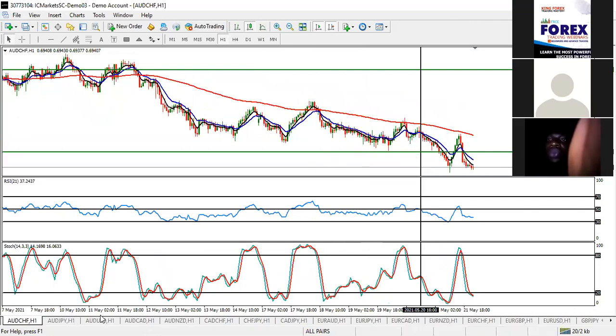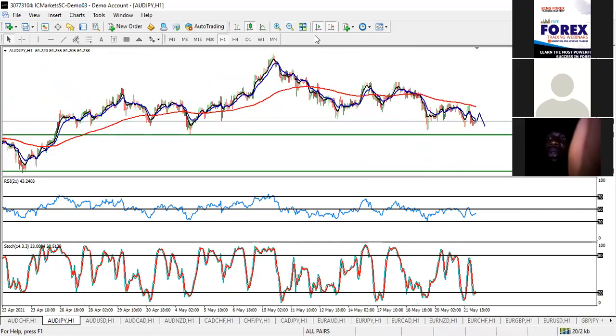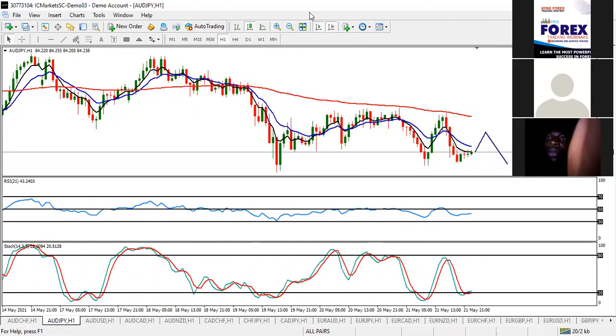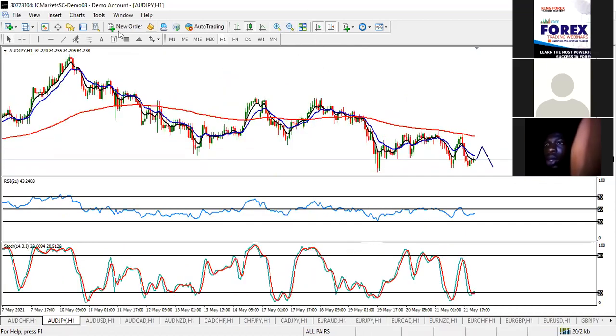So we can take a look at another example right here. So you can take a look right there, guys. I'm going to check to see if you can take more.